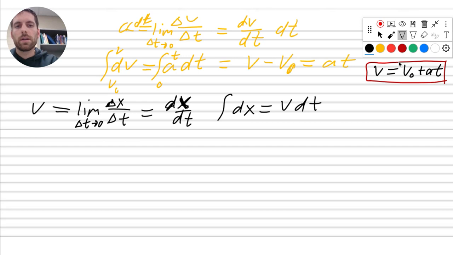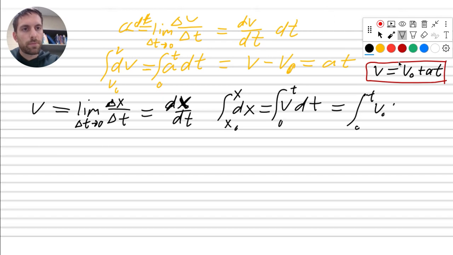And I'm going to integrate from x initial to x, and from 0 to t, and I'll plug in what v is, which is going to be v initial plus a times t.